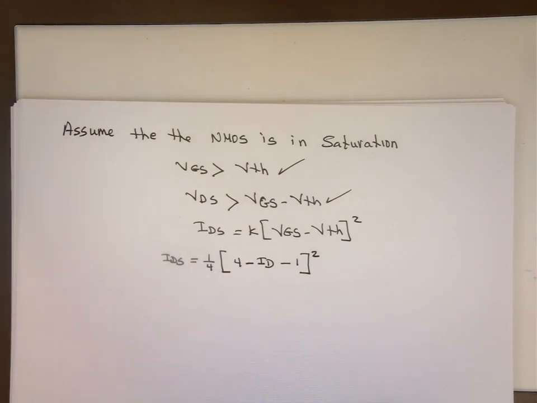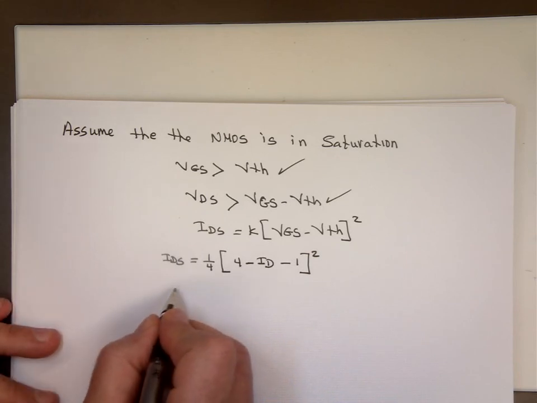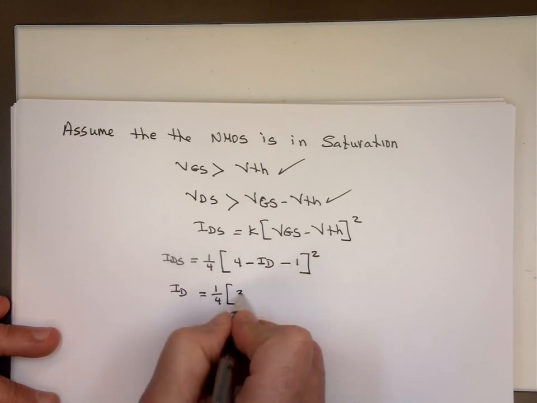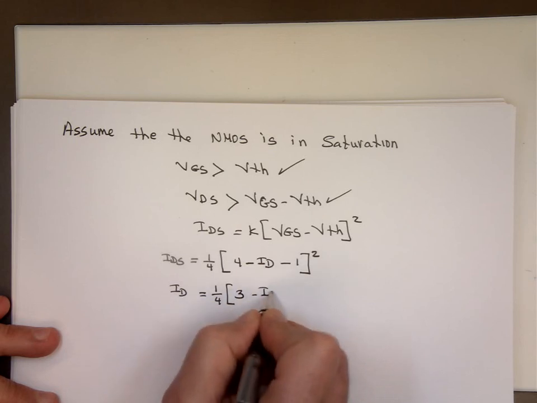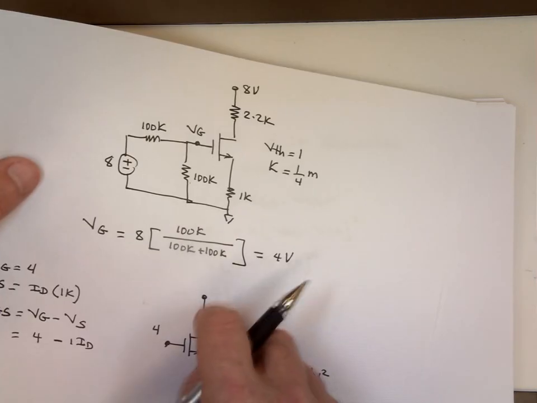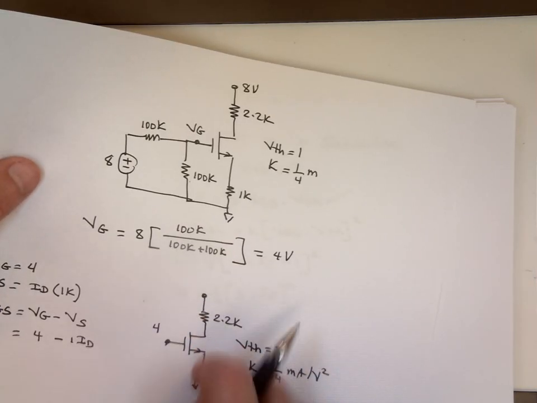Now play with the math. I'm going to just call this I sub D, because otherwise there are too many subscripts. It's 1/4. 4 minus 1 is 3 minus I sub D. It's the same current going from D to S, going through this, going through that, because there's zero current coming from here.